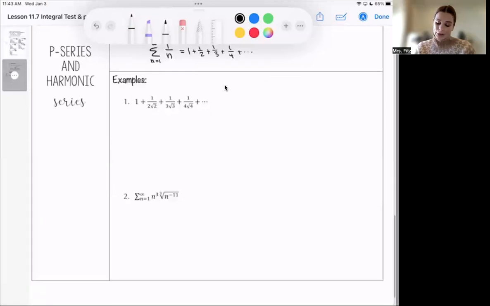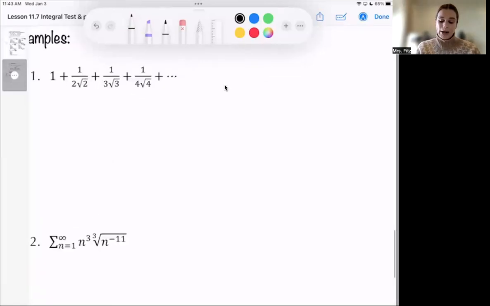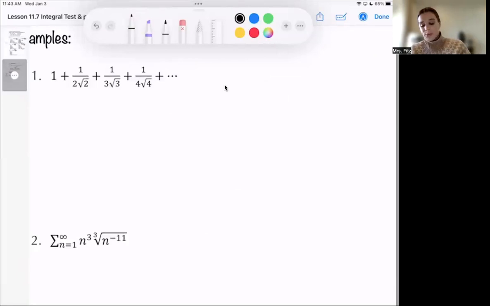Okay, we got a couple examples. So let's look at number 1. We have 1 plus 1 over 2 root 2 plus 1 over 3 root 3 plus 1 over 4 root 4. So let's go ahead and write this in series notation. This would be the sum from n equals 1 to infinity of 1 over n root n.